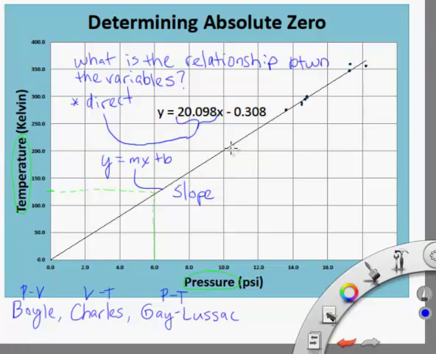That's the slope of this trend line, 20.098. What is the slope? The slope is defined as the rise over the run, or in this case, the rise, the temperature, over the run, pressure.